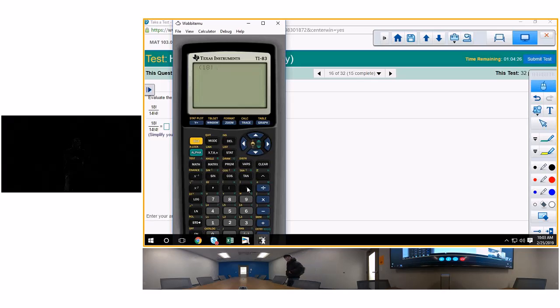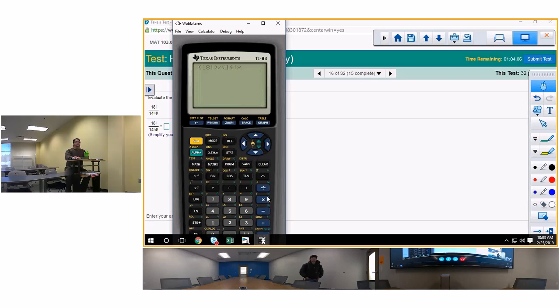Close parentheses, divided by parentheses, 14 factorial, 14, second, or math, probability, and factorial, times what? 4 factorial. 4, math, probability, and, oops, didn't go over probability, and factorial, and close parentheses. And that should give you a number, 3060.